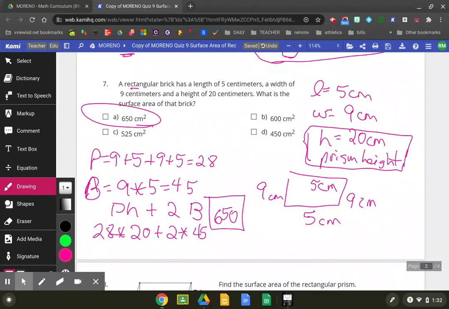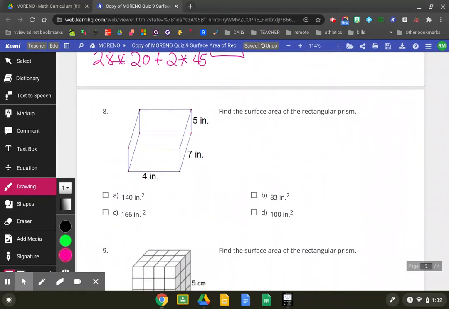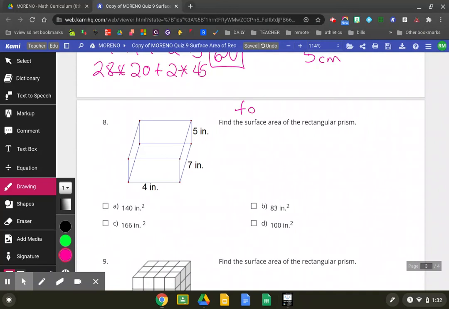Let's go on to number 8. Again, we're going to end up finding total surface area. So right here is the base, down here. The prism height is 5.